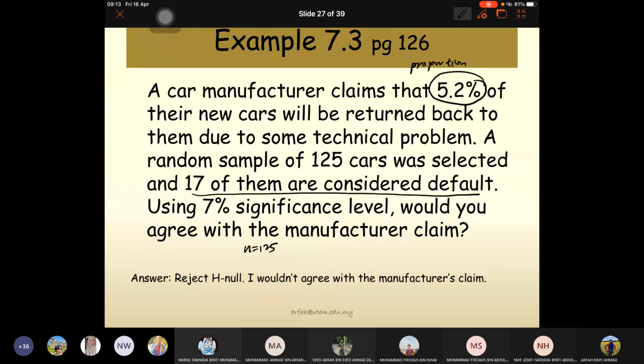So 17 default. Okay. Significant level 7%. So alpha equal to 0.07. So P hat sama dengan berapa? X dibahagikan dengan N. Okay. X yang kita berminat adalah default cars. So P hat dapat berapa for this one?